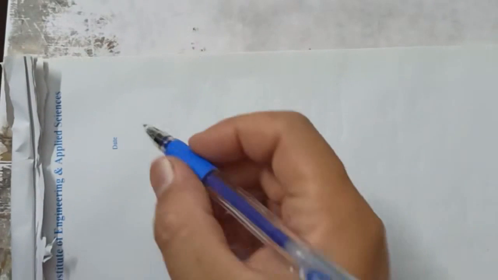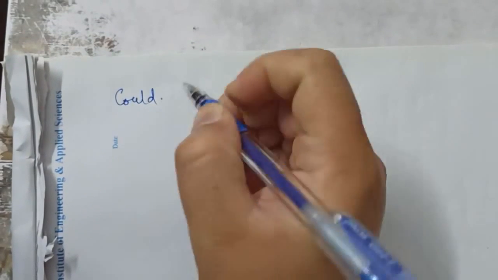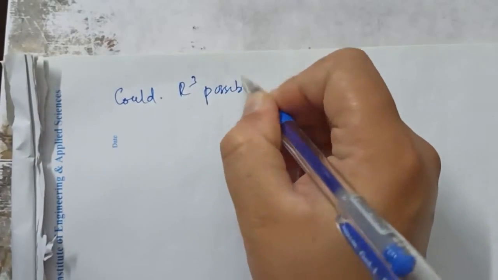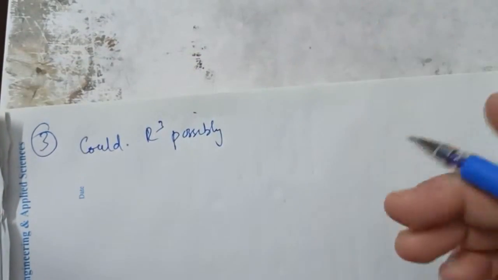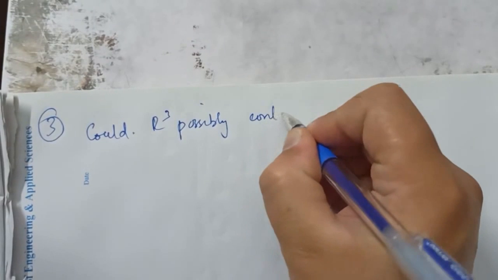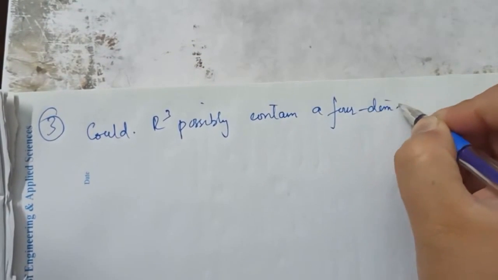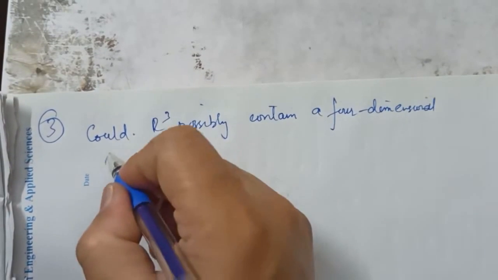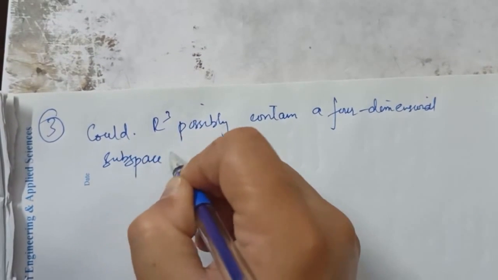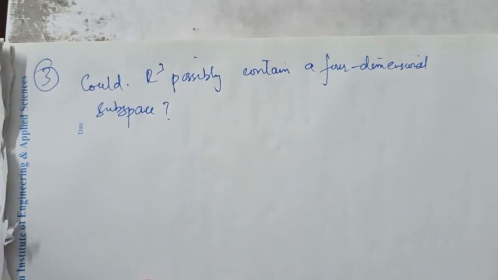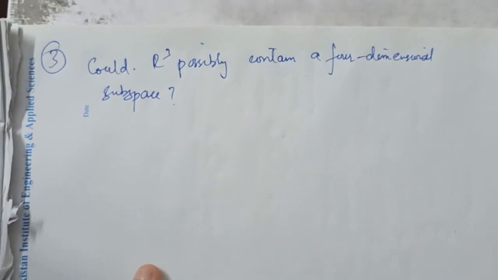Now the third example: could R^3 possibly contain a 4-dimensional subspace? I'll give you a minute to think about it before I write the answer.